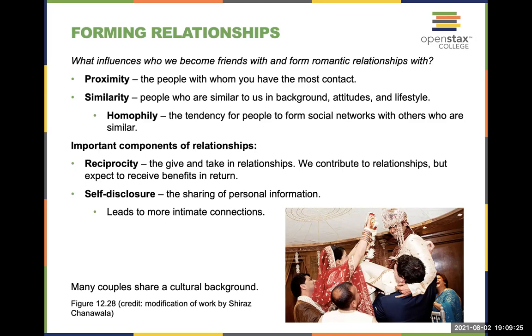And then there are a couple of important components to relationships. One is reciprocity. In other words, there's give and take. It's funny, in family and marriage counseling, one of the things that sometimes gets worked on is what's known as the unfair bargain.